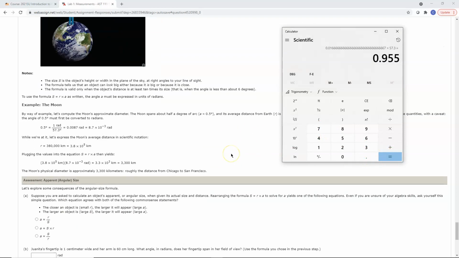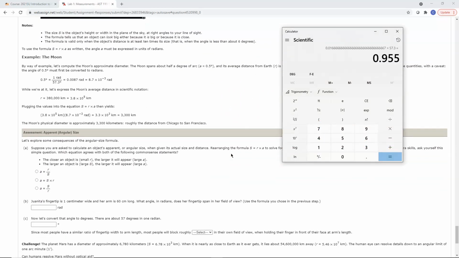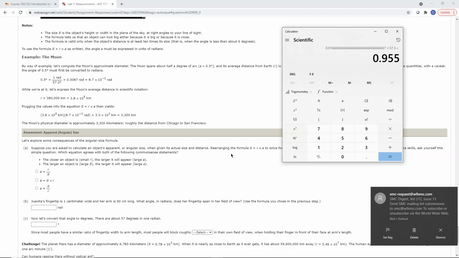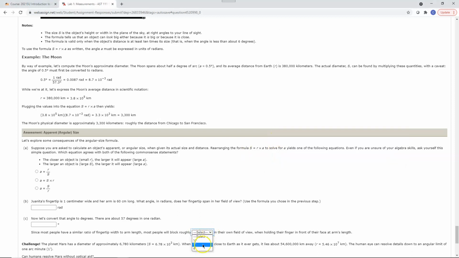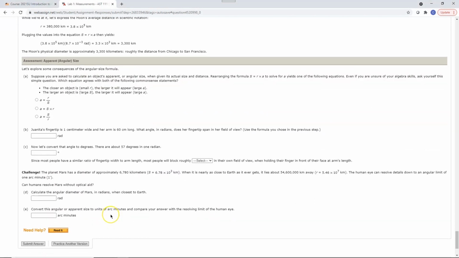That gives me an angle here of just about 1 degree. So there's your radian, and there are your degrees. So that's going to be 0.016 rads, and then now you have almost 1 degree on arm length. And it shows here about 1 degree. So if you take that, put those in there, that should give you that answer.